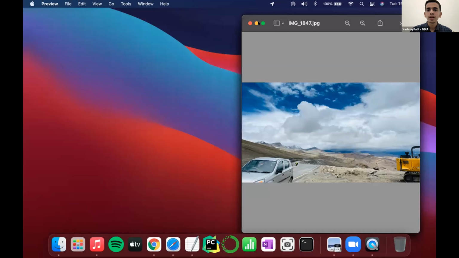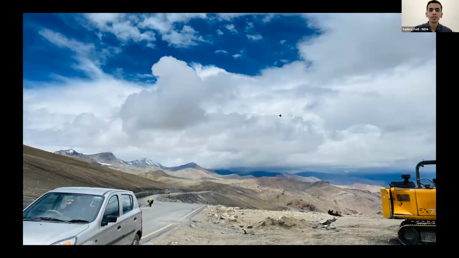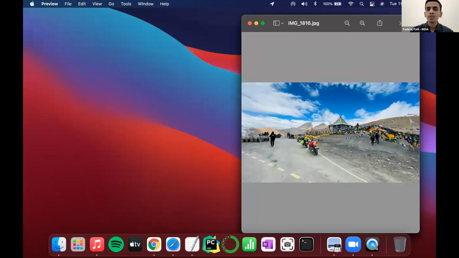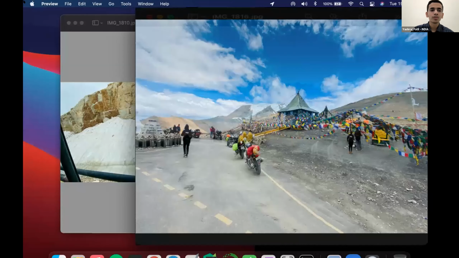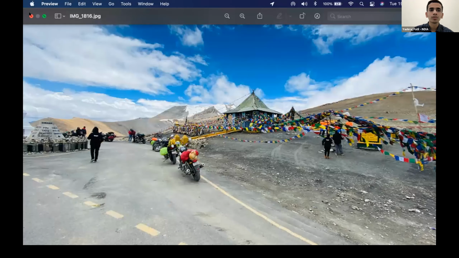And this is the Tanglangla high motorable pass, as you can see, which is around 5,320 meters high. I took land cover observation, and this is one of the pictures from it. The reason I took land cover is because I couldn't find any trees over here, and I could only see ice caps at the top of the world, on the second highest mountain pass, and some glacial deposits also.